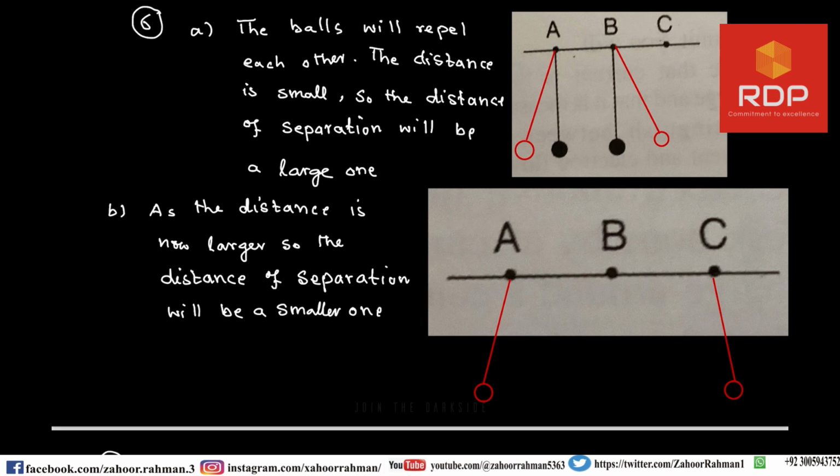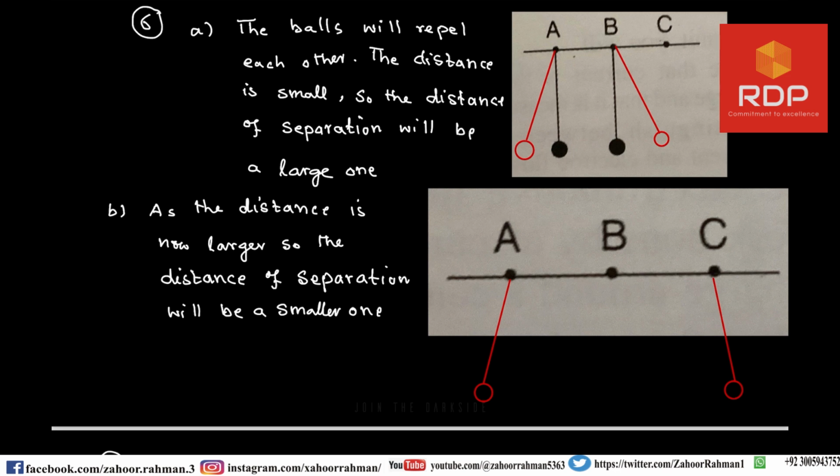They are separated in opposite directions because similar charges repel each other.